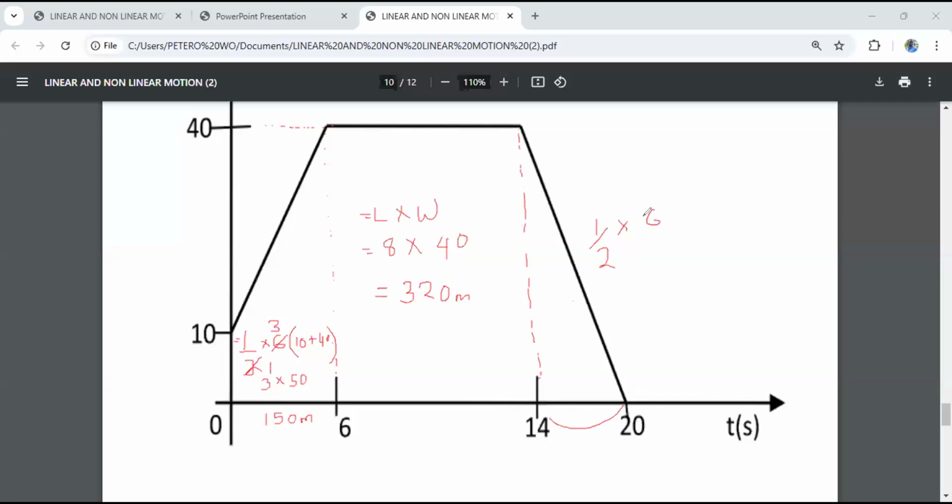We have 6 because 20 minus 14 gives us 6. And the height of that triangle is 40. So by 2, 1, by 2, 3, 3 times 40 gives us 120 meters.